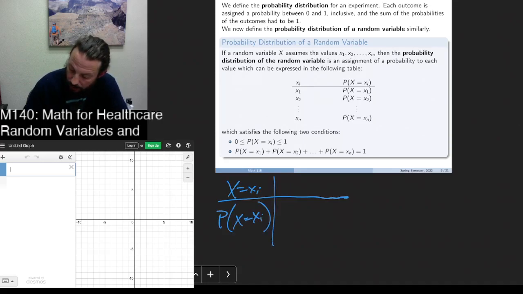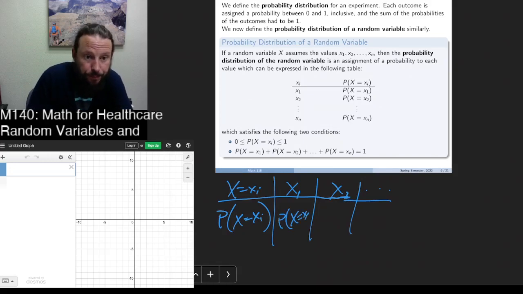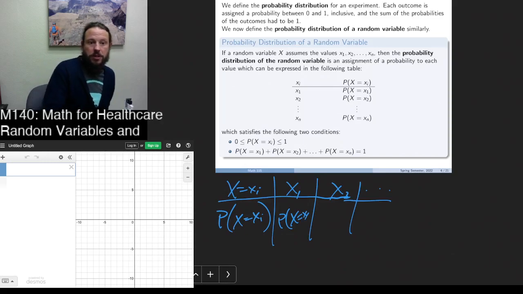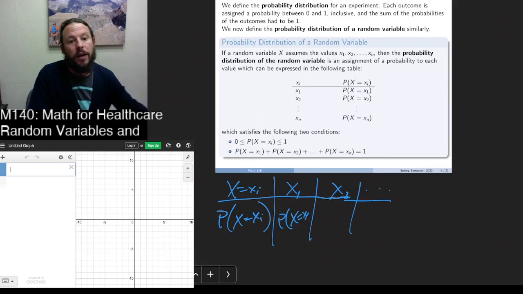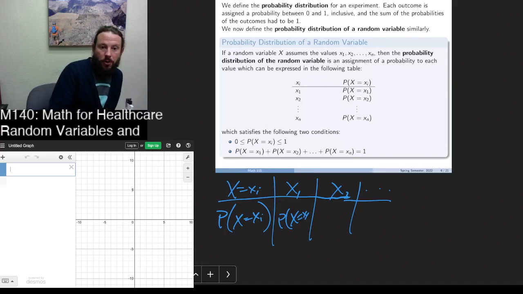And we look at our values, x2, and so on. This is the probability of x equal to x1. All right. And they satisfy these conditions. All the probabilities have to be between 0 and 1. That shouldn't be surprising. And when we sum up all the probabilities, we get 1. All right?